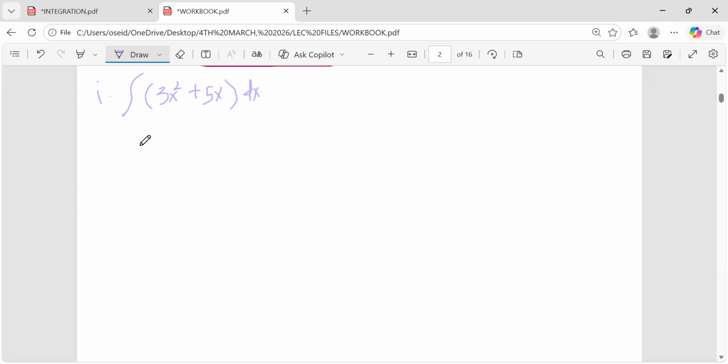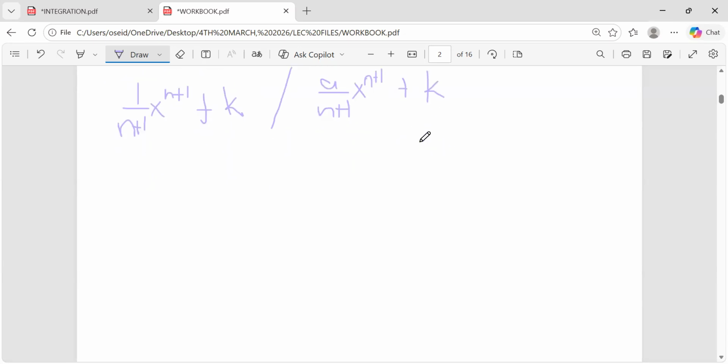All right. So when we are integrating, we are using the same rule. The rule says 1 over n plus 1 times x exponent n plus 1 plus k, or if the term has a coefficient, let's say a, then we say a over n plus 1 times x exponent n plus 1 plus k.